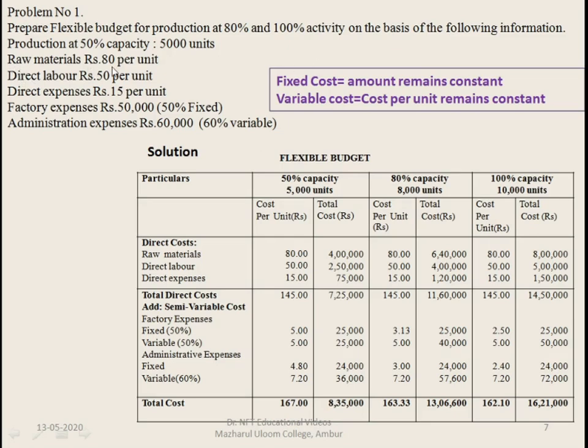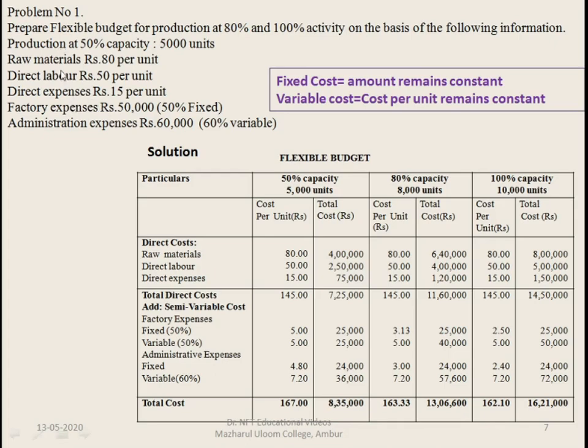Raw materials is rupees 80 per unit, direct labor rupees 50 per unit, direct expenses is given as 15 rupees per unit, factory expenses rupees 50,000 where 50% is fixed and administrative expenses rupees 60,000 where 60% is variable.